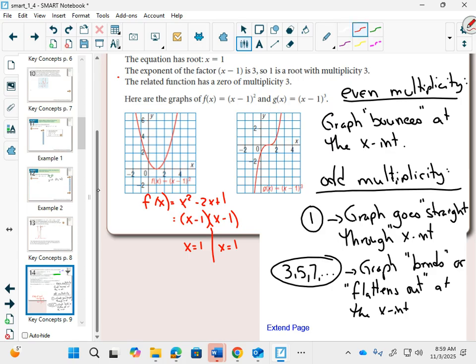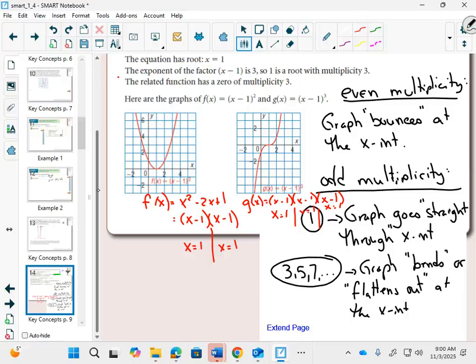Like this g of x graph is technically, if it's cubed, you have x minus 1, x minus 1, x minus 1. If you had factored it 3 times, you would get x equals 1 as the solution 3 times. We would say that that 0 has a multiplicity of 3. Now you know what the x cubed graph looks like from our very first unit. An x minus 1 cubed would be that x cubed graph shifted 1 to the right.